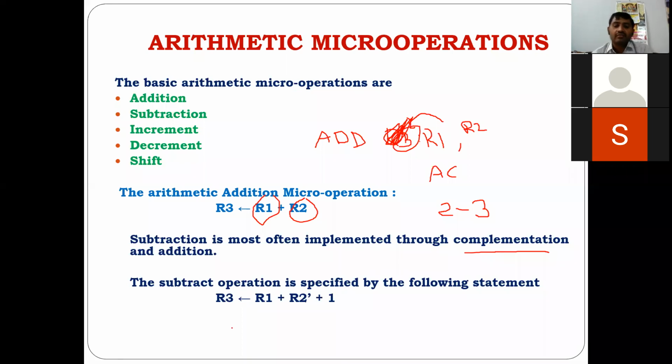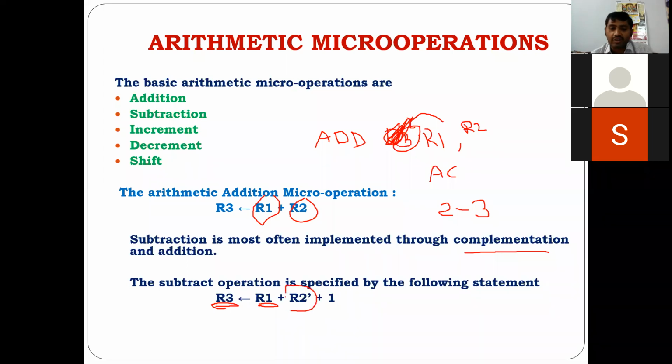So here the contents will be stored in R3. What is that content? The content of register R1 is added with the contents of register R2, but now the complemented R2.